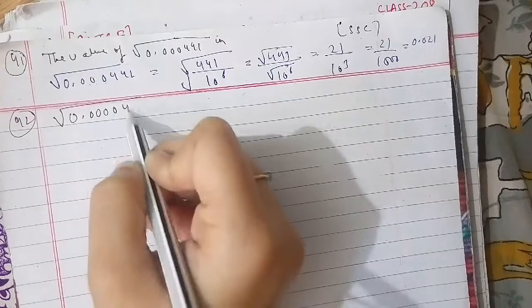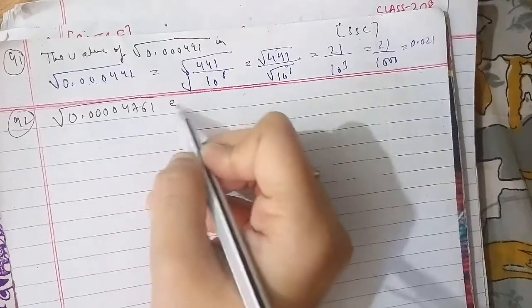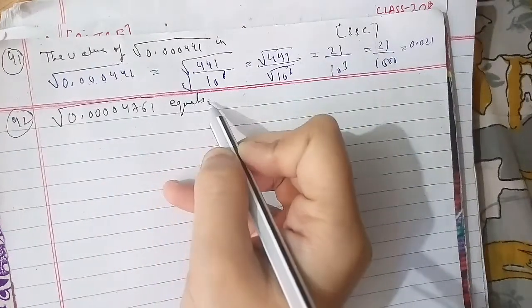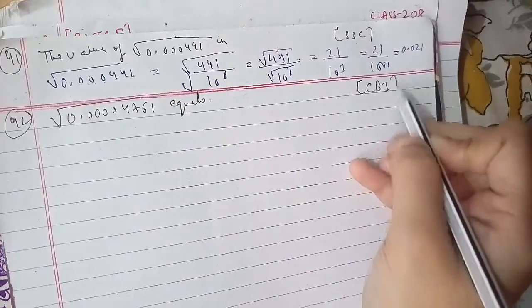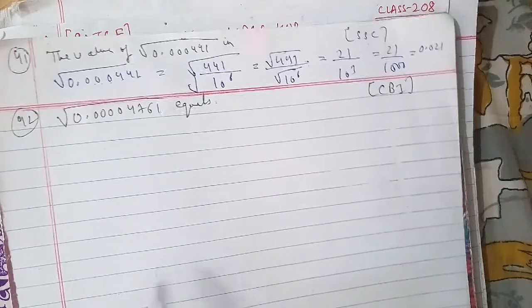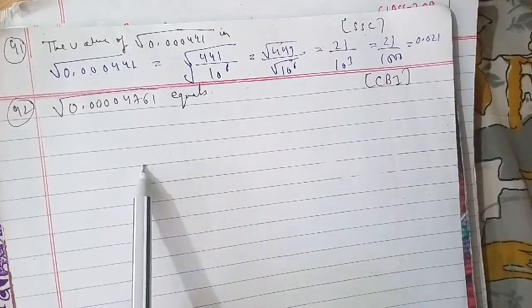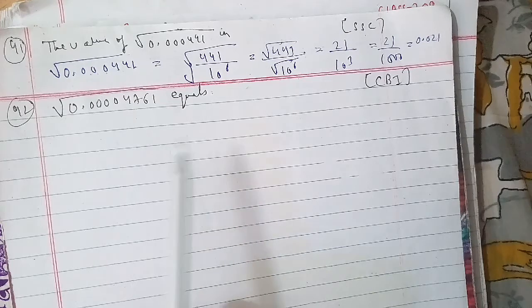So yes, for this particular number we will have it in the form under root 4761 whole upon 10 to the power 1 2 3 4 5 6 7 8.